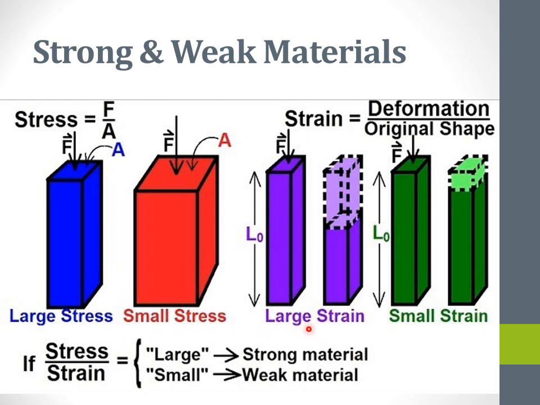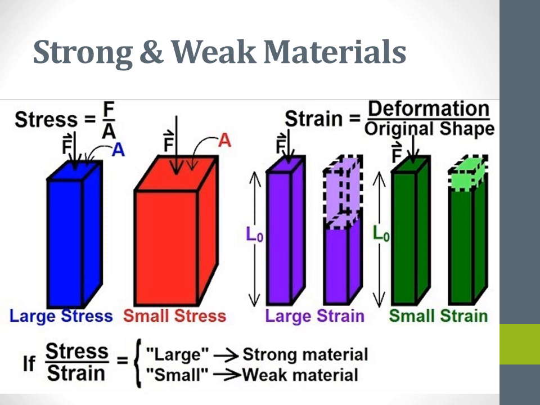Looking at the next material here, a force is applied and the material undergoes a large amount of deformation. Therefore, we say that the material has undergone a large strain. On the other hand, a material is there to which a force is applied, but the deformation undergone by the material is quite small. Therefore, we say the material has undergone a small strain.